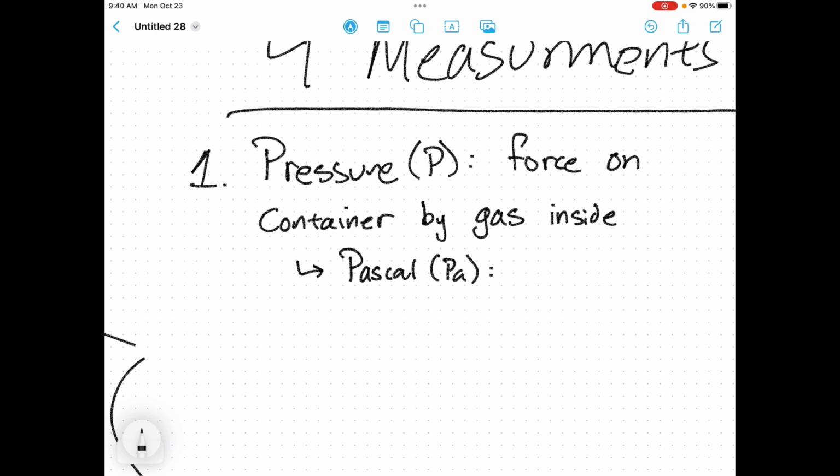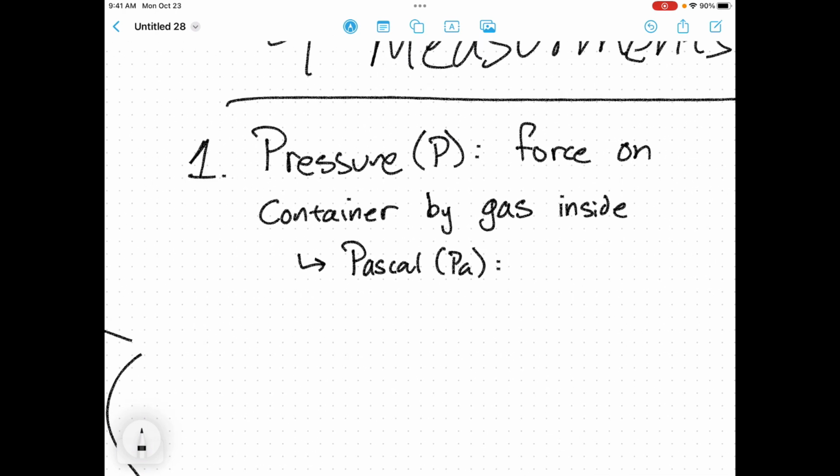Just know that you could see Pascal. You could also see kilopascal, kPa. Kilopascal is usually a little bit more common. But these are the two units that we use most often.